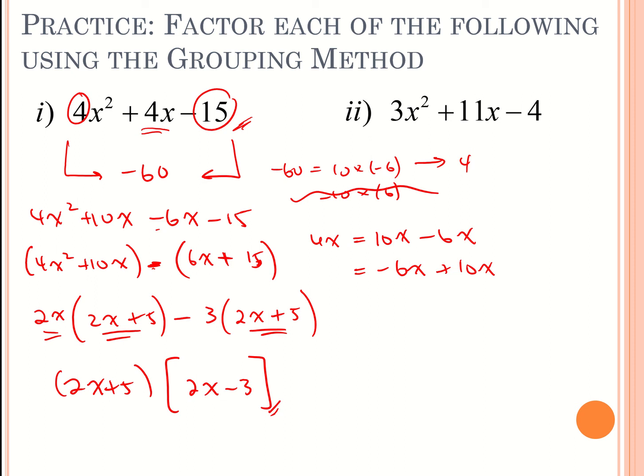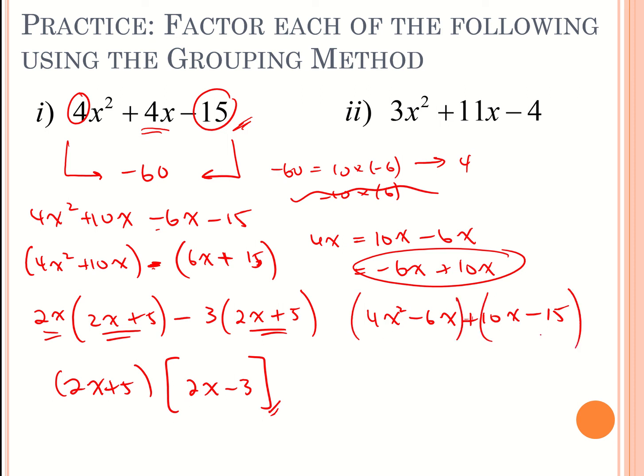I'm not sure if you want me to do it if it was switched back around. If you want, I'll just do it quickly. So 4x squared minus 6x plus 10x minus 15. Since this is a plus sign, when you group them, just group them like this. So you don't have to worry about the minus sign like before.